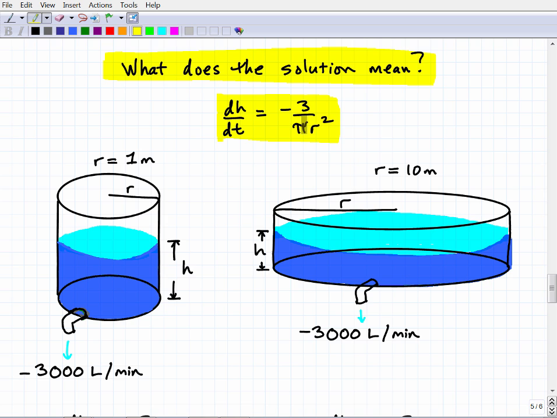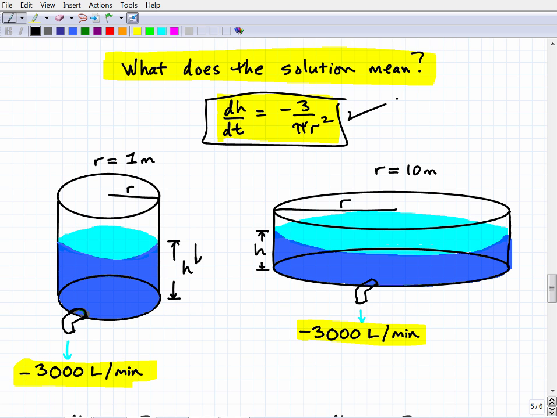Okay, we can just use this particular formula when we have cylinders that are pumping their fluid out, or their fluid is being removed at negative 3,000 liters per minute. So if we're pumping out at negative 3,000 liters per minute in a particular cylinder, here I have two different cylinders. If I want to know how fast the fluid level is dropping, I can just use this.